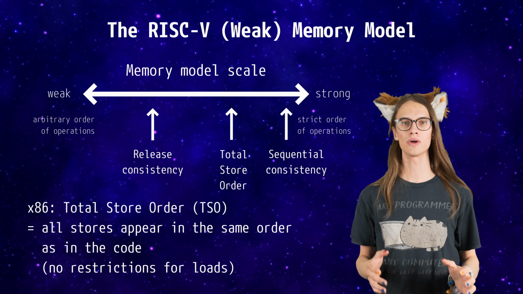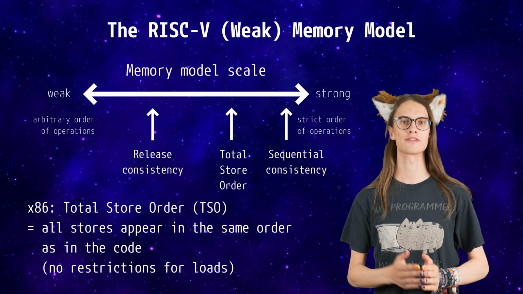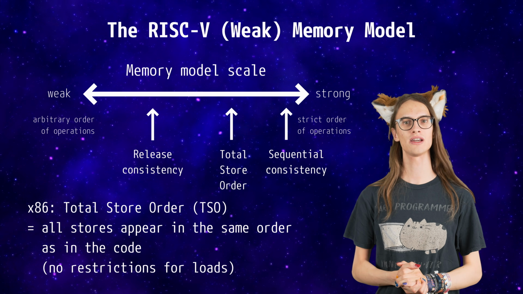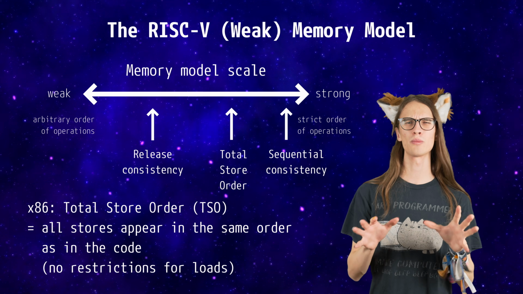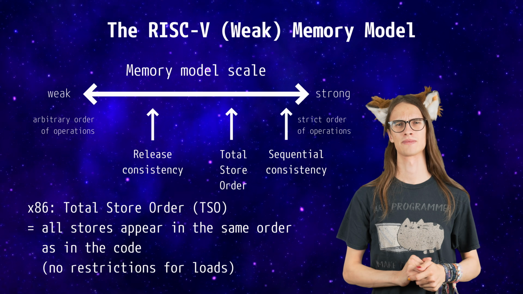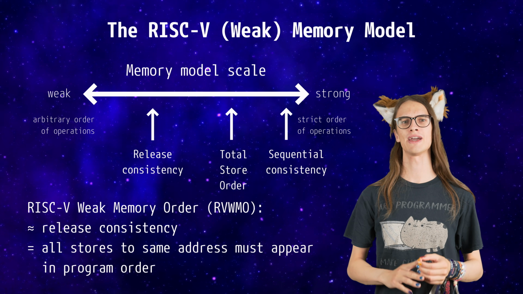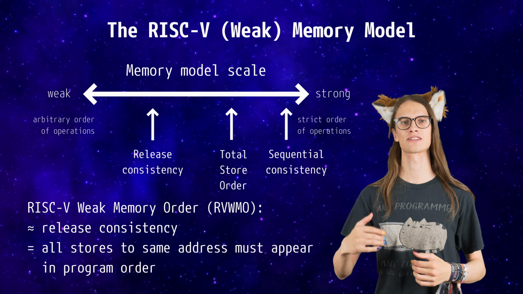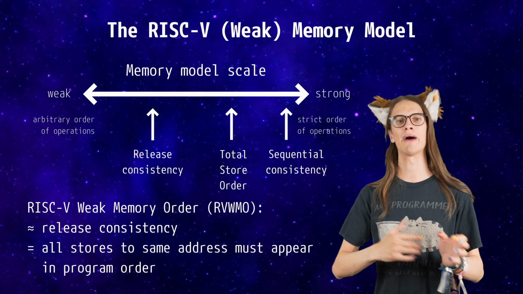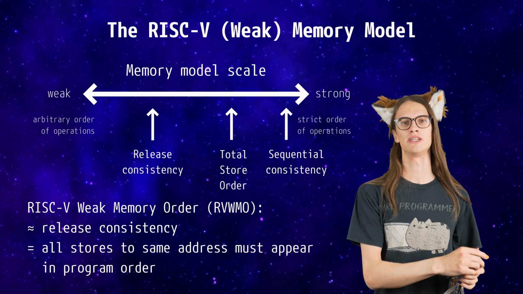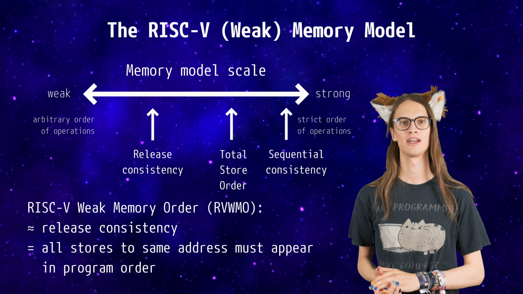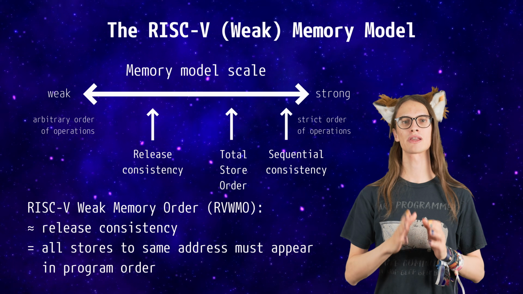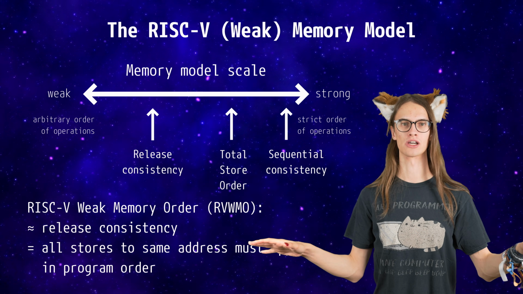While TSO is not the strongest memory model, that would be sequential consistency, RISC-V uses a far weaker memory model that's almost like release consistency. In this model, the rules mainly say what order the accesses to the same memory location by the same processor have to appear in. Obviously, it's the same order as the program itself. But for unrelated memory locations, basically anything goes.